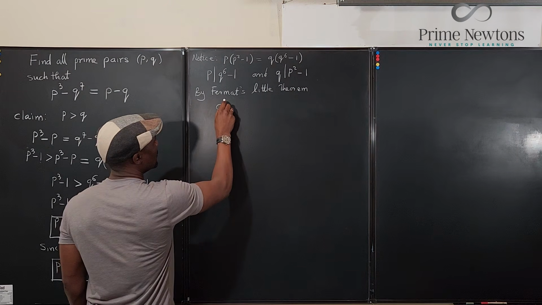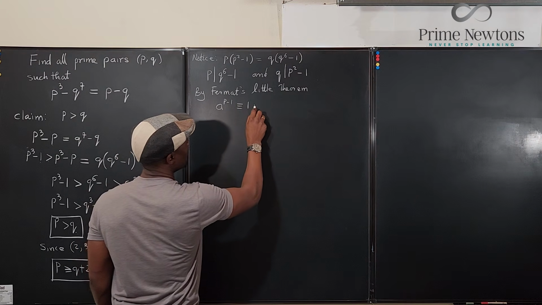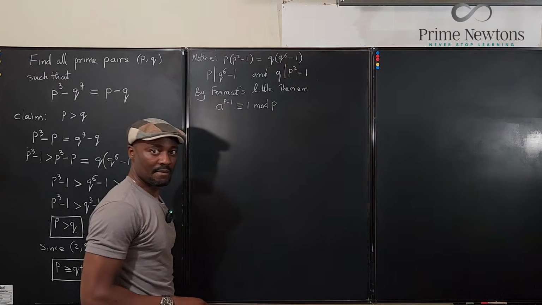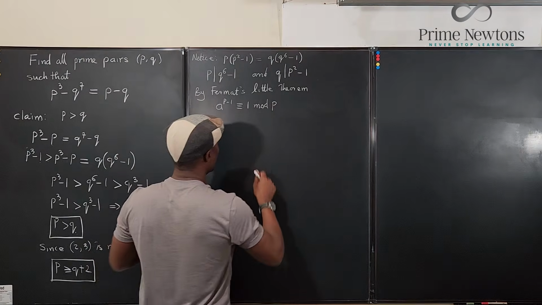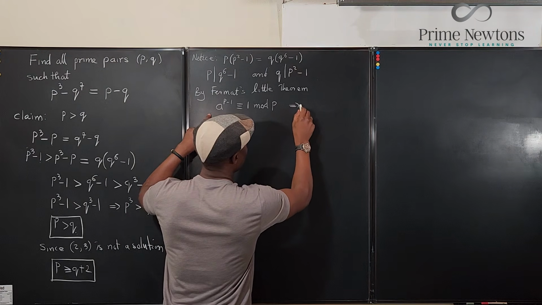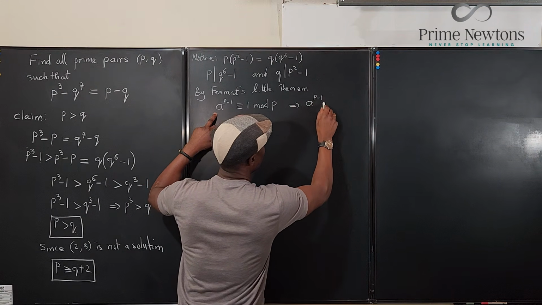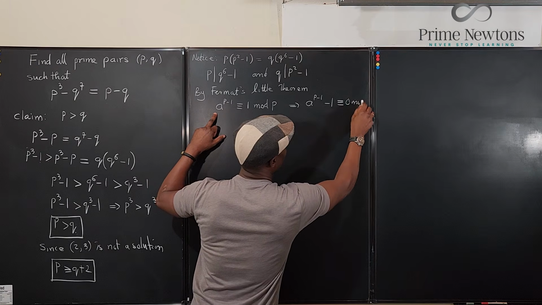a to the p minus 1 is congruent to 1 mod p, okay? Where a is not a multiple of p. So here, this implies that a to the p minus 1 is congruent to 0 mod p.